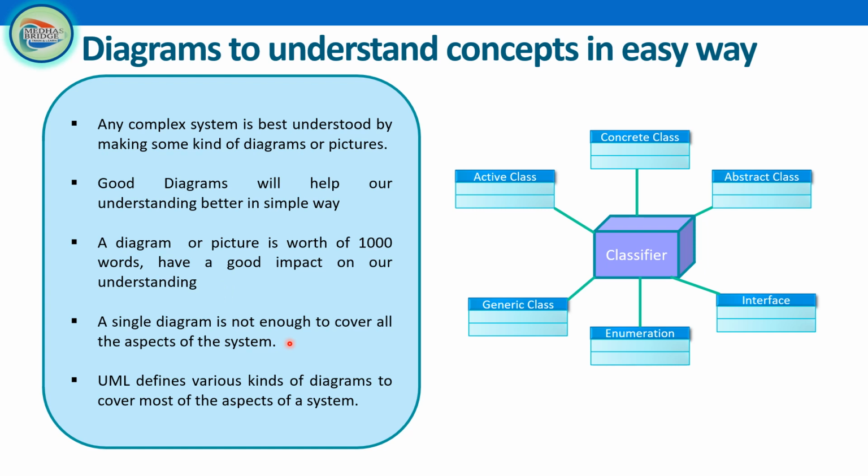A single diagram is not enough to cover all aspects of a system though. We have multiple ways in which the system can be represented. UML defines various kinds of diagrams to cover most of the aspects of the system too. So in a nutshell, diagrams help us understand concepts in an easy way. That's what a model helps us with.